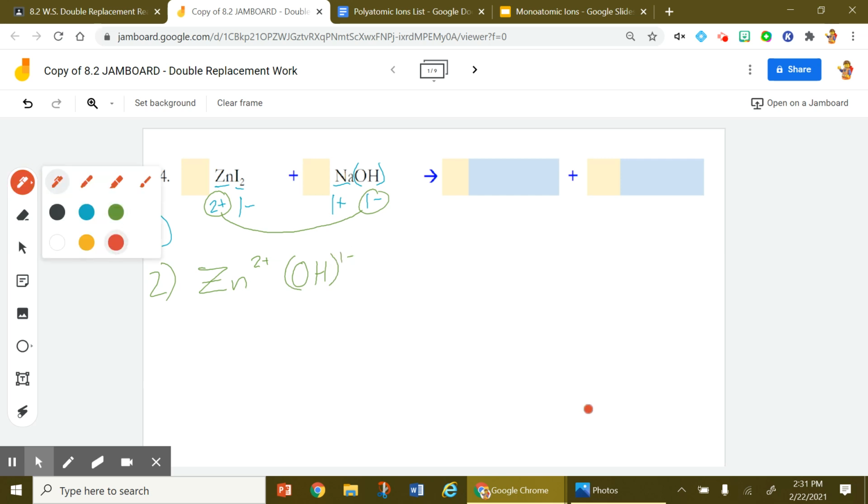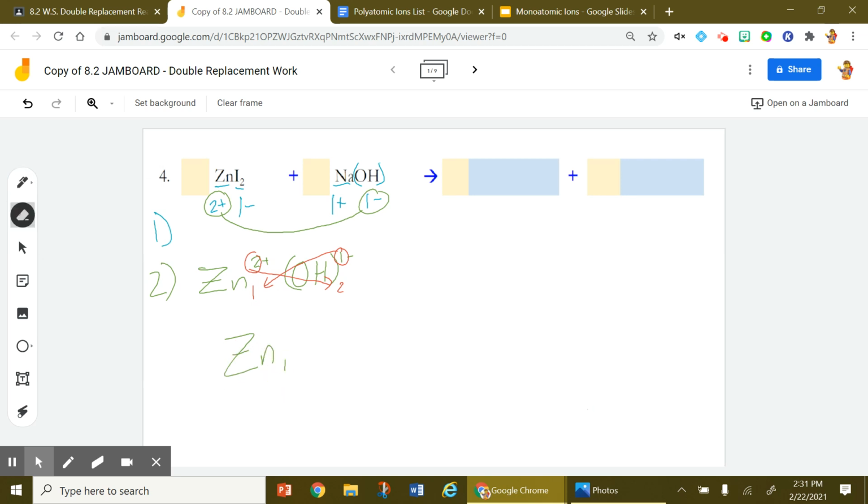Okay, I crisscross. Zinc has a 2+ charge, so 2 is the number of hydroxides I'm going to need. Hydroxide has a 1- charge, so 1 is the number of zincs that I'm going to need. The formula is Zn1, or just Zn, OH2. By the way, these parentheses around the OH are very important.